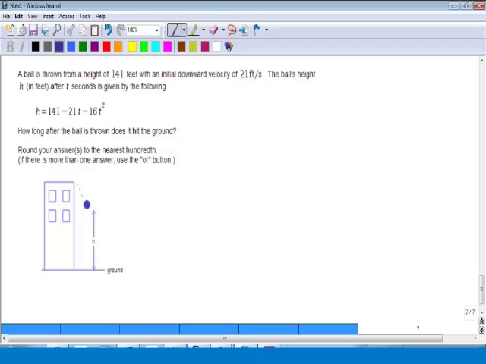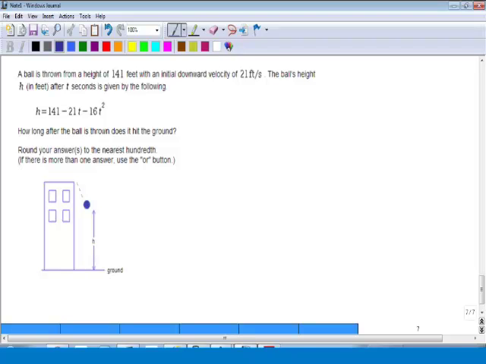Well, key question here, and we've got to get it settled right at the beginning. How high is the ball when it hits the ground? At the instant it hits the ground, what is its height above the ground? 0. That's key. It sort of goes without saying, but we have to go through that thought process.